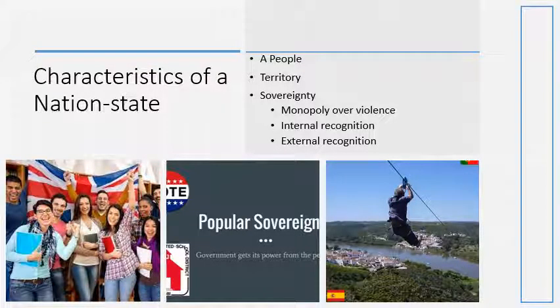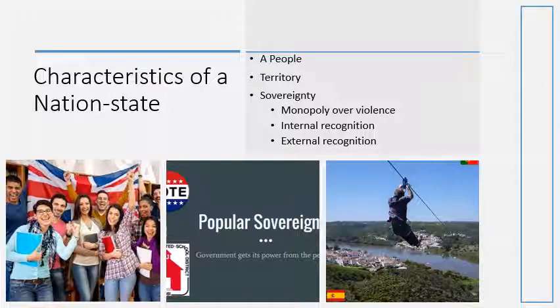Our world is made up of this nation-state framework. So countries in general are also nation-states. And so nation-states have, as noted on this slide, a people, a territory with a border, and all these things have challenges, of course. So there's a people, there's a territory with a border around it, and there's sovereignty.